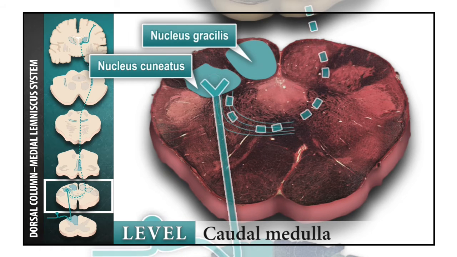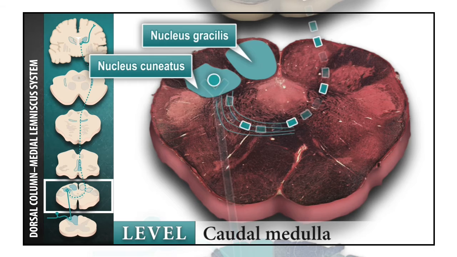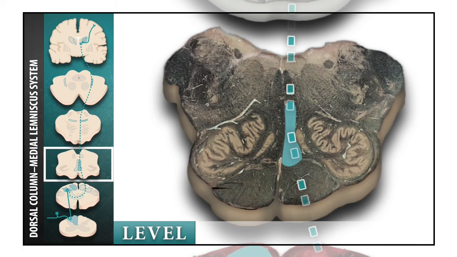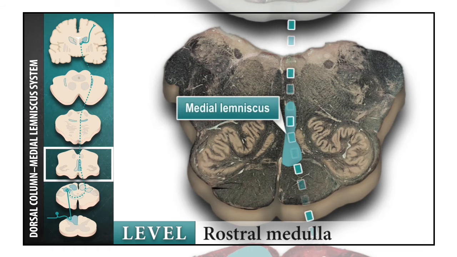From these nuclei, axons of secondary neurons cross the midline as internal arcuate fibers and form the medial lemniscus. In the rostral medulla, the fibers travel as the medial lemniscus adjacent to the midline.